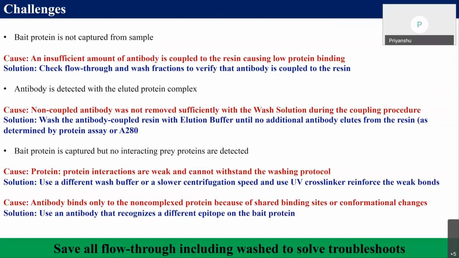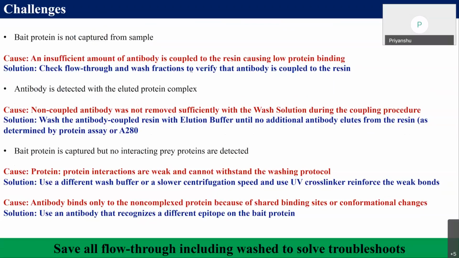The second was that the antibody is detected with the eluted protein complex. When we get the elution and run the gel for Western blot, there is another band showing along with the promising result, and that band is the antibody.